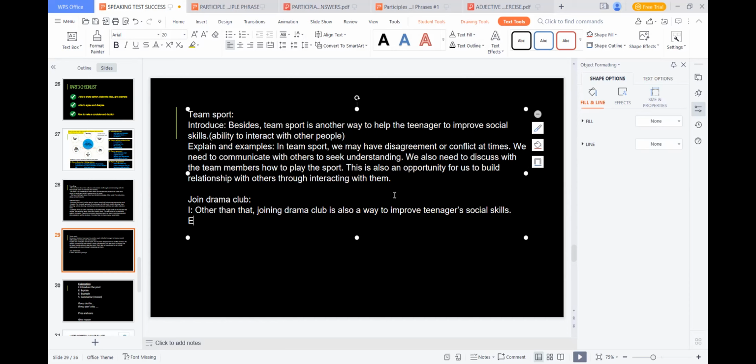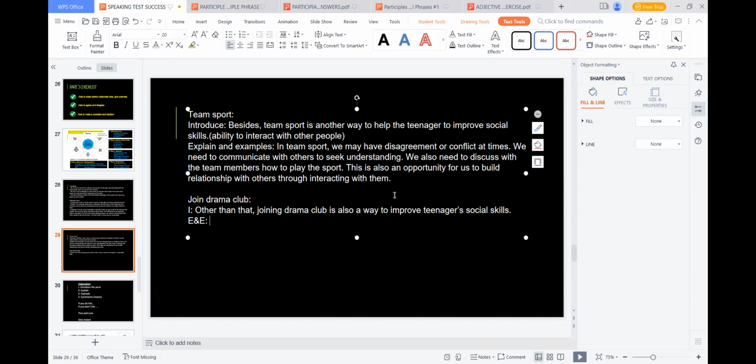Explanation and example, can you give? In drama club, we can learn to communicate with other members, like sharing our own opinion with each other, and also compile it to be a drama. To compile what?